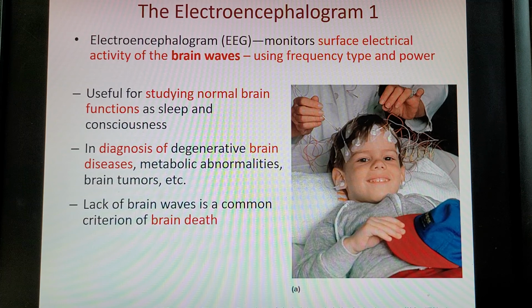We're able to also use these to look at levels of sleep, so our different stages, looking at normal functions, so comparing a normal clinical study participant's activity to someone who is a patient in that study receiving some type of treatment. So you're able to see the differences in their brain activity.